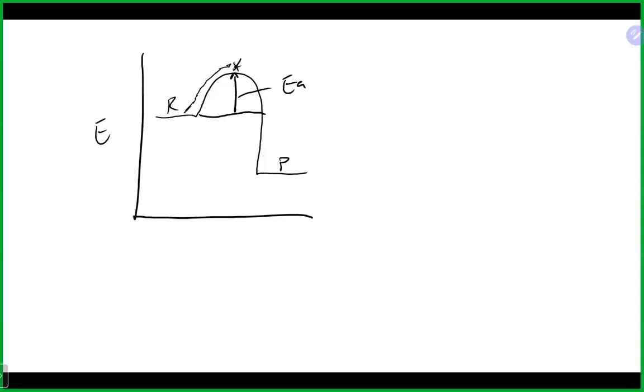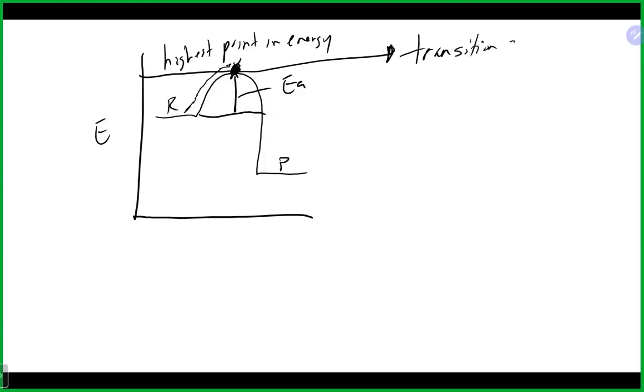At the same time, we have the formation of new bonds. So it's like, we're going to start to separate and also start to make some new bonds as they climb the hill. When they get to the very top of the hill, this is the highest point in energy, and this highest point in energy is what is referred to as the transition state.